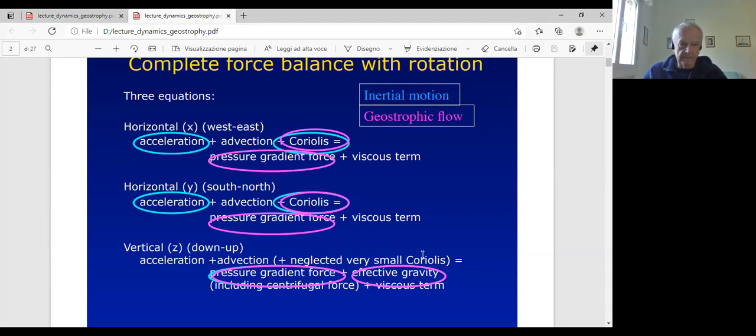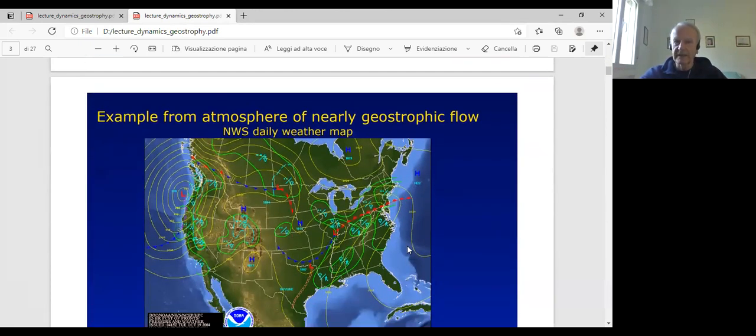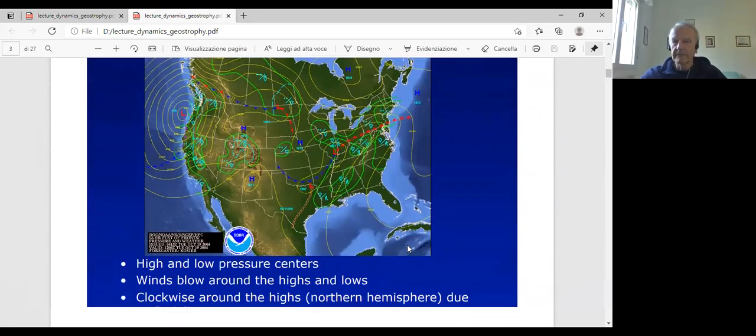We will be analyzing in which conditions these approximations are valid, and what range of time and space scales are good for this kind of solution. So this is just one example, but we will be coming to this later.